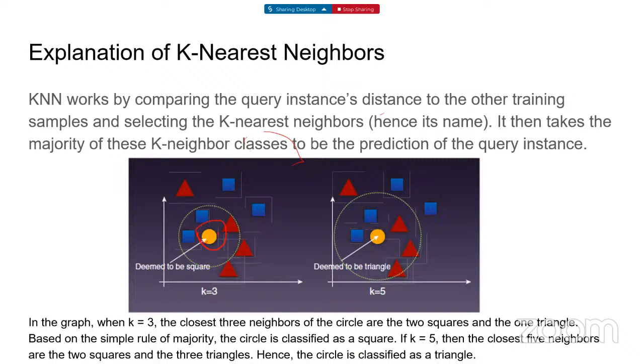So when the K changes, the result will be different. And how do we decide the K? Actually, toward the end of the lesson, next week, we'll explain that. You actually go over different Ks and then choose the K with the highest accuracy. That's all we do. So let's go back to this picture.